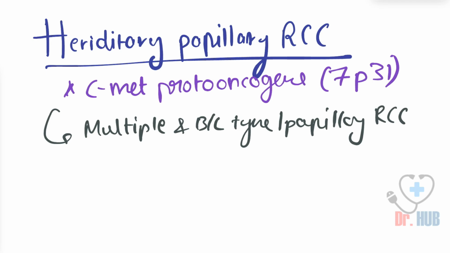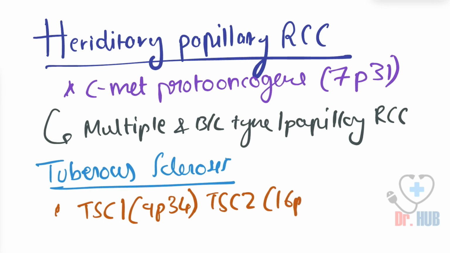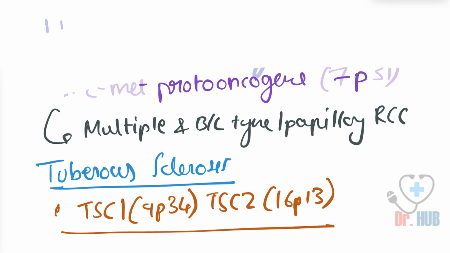Next we look at the tuberous sclerosis. So the tuberous sclerosis is the mutation of the TSC1, that is 9p34, and the TSC2 is 16p13. So this is the gene associated with the tuberous sclerosis. So what are the clinical features of the tuberous sclerosis?